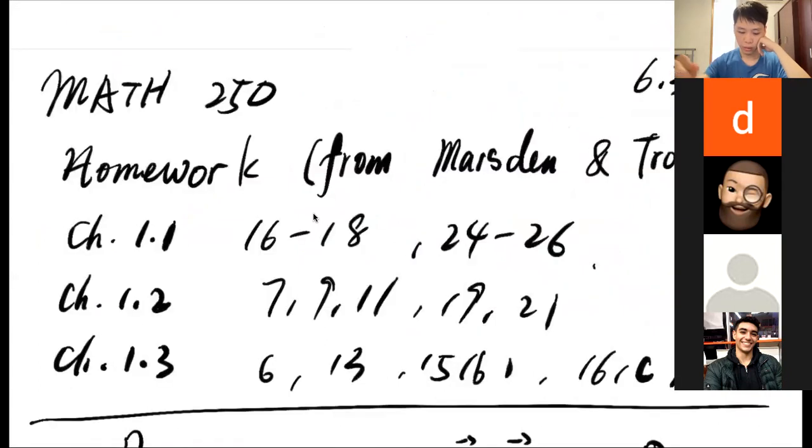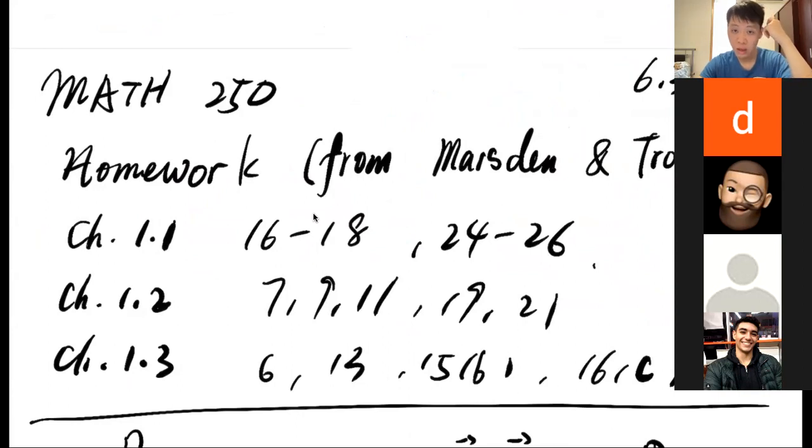So let's see what homework questions I assigned. These questions are at the end of the section, yes, right. It does not have the one that computes the distance from a point to the plane.